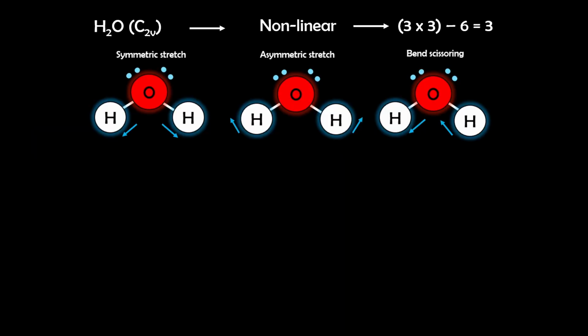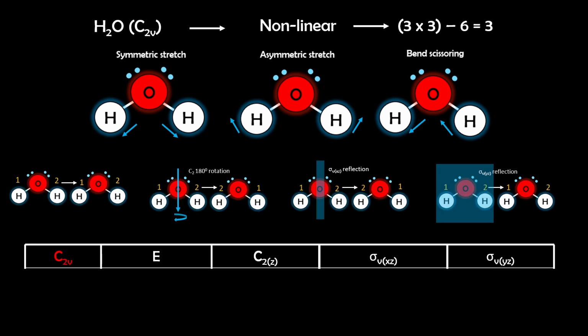Let's start with H2O as an example. Water belongs to the C2v point group and has 3 vibrational modes as seen before: a symmetric stretch, an asymmetric stretch, and a bending or scissoring mode. Using the character table, we apply each symmetry operation to the molecule and ask which bonds are unchanged.